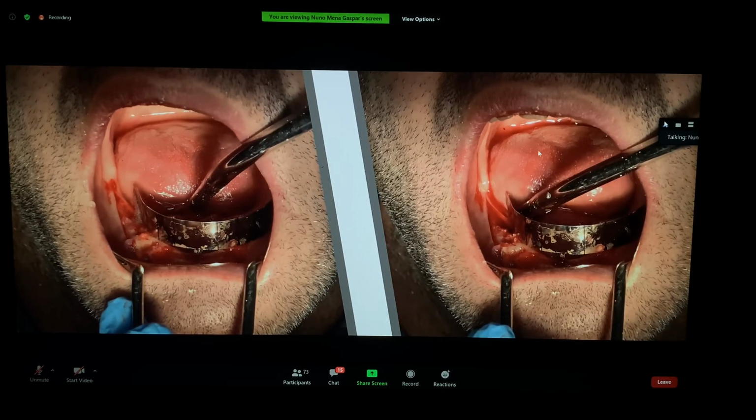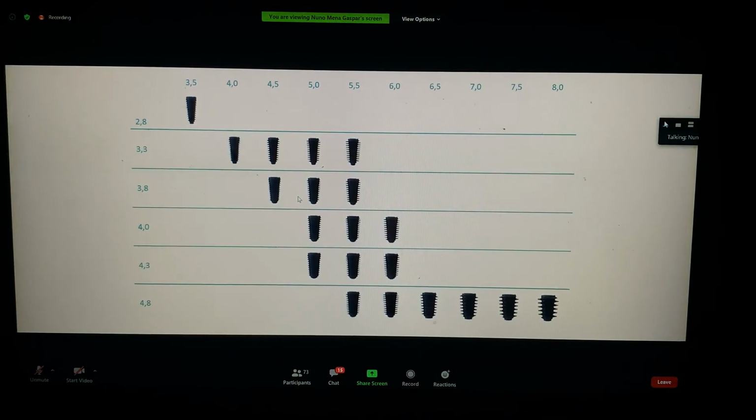And that's because in this particular case I have a very big guy, and I need a bigger implant, but I don't want a wider thread. So instead of using 4.0 or 4.5 implants with a 3.3 core, I'm using this one, 3.8 core with a 4.5 implant.